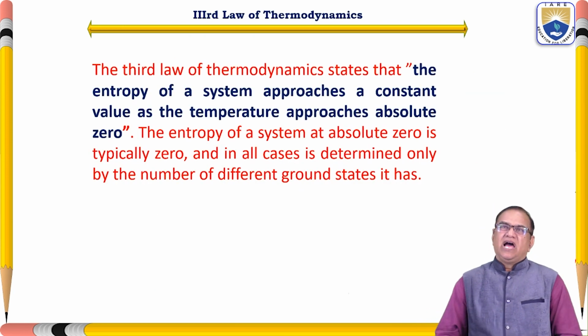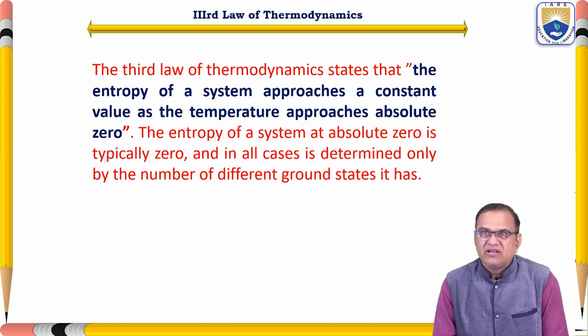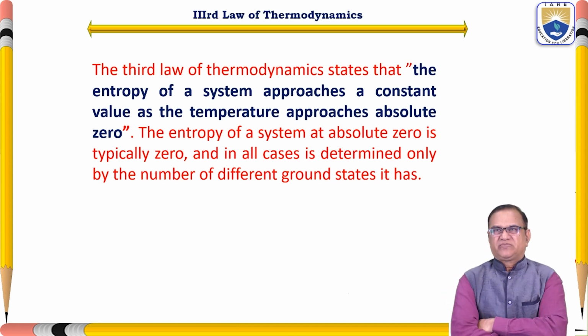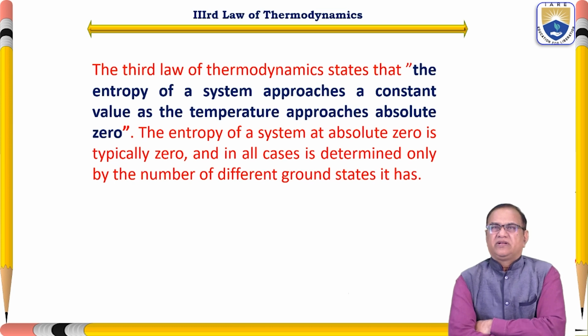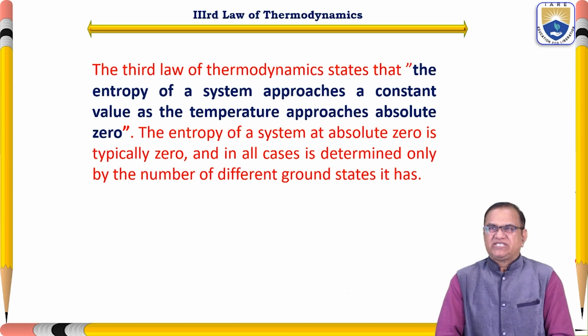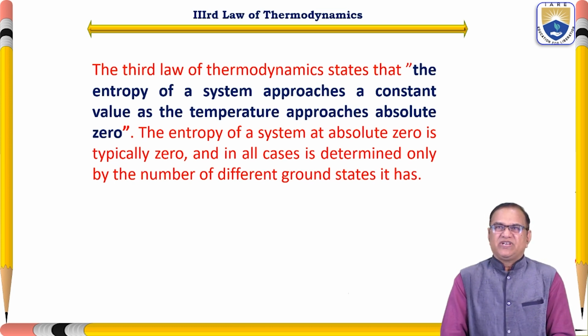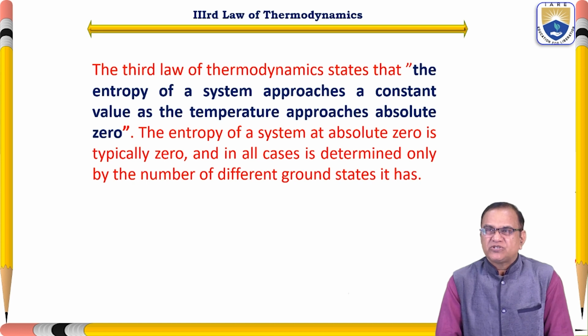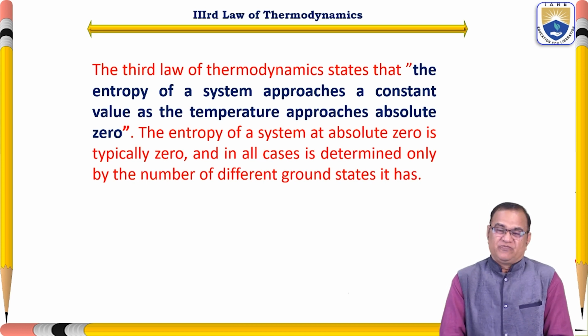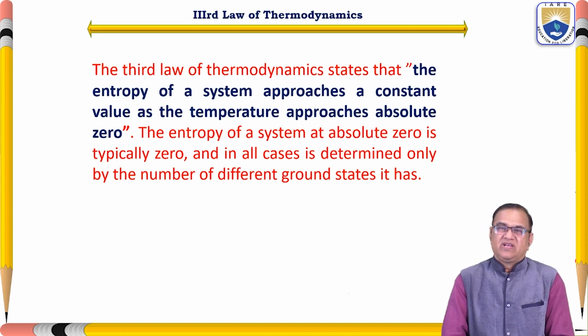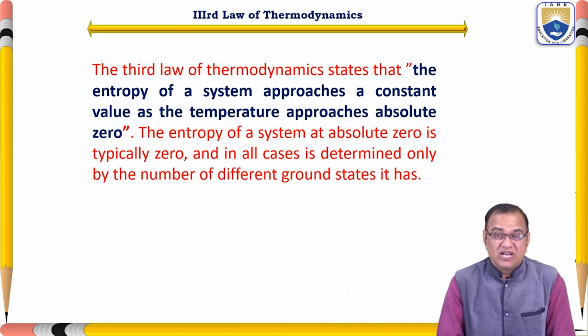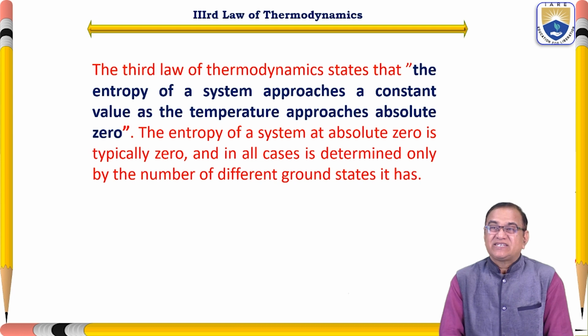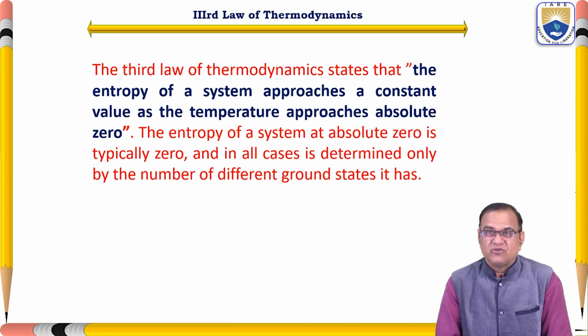As a statement for the third law of thermodynamics: the third law of thermodynamics states that the entropy of a system approaches a constant value as the temperature approaches absolute zero.